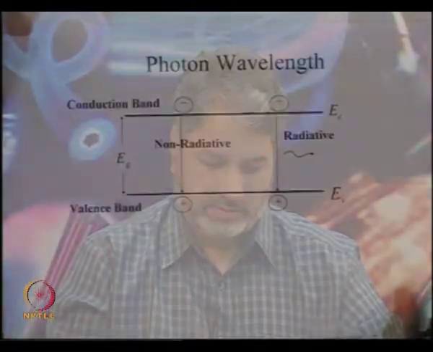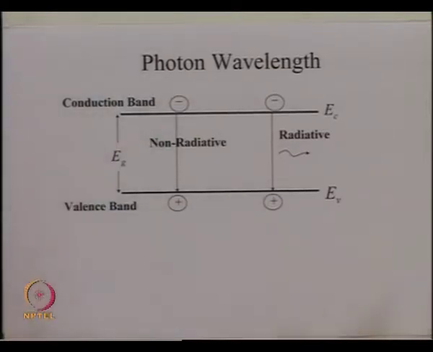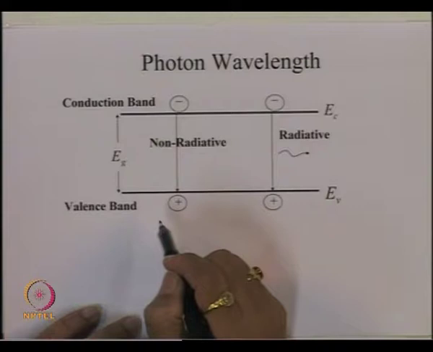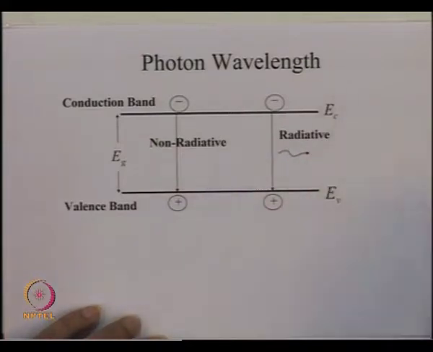The second aspect of the emission from semiconducting material is the efficiency issue. We saw that when the electron hole recombination takes place, there are two processes. One is what is called the non-radiative recombination process, and the other one is the radiative recombination process.